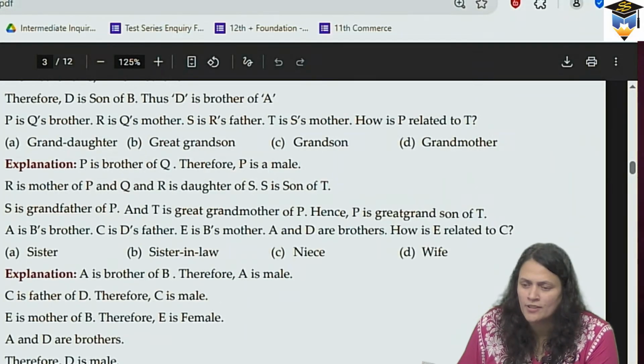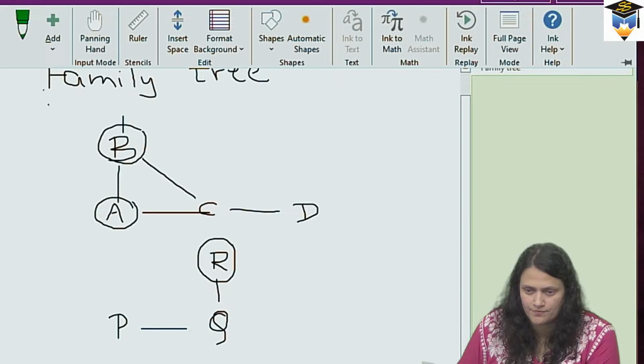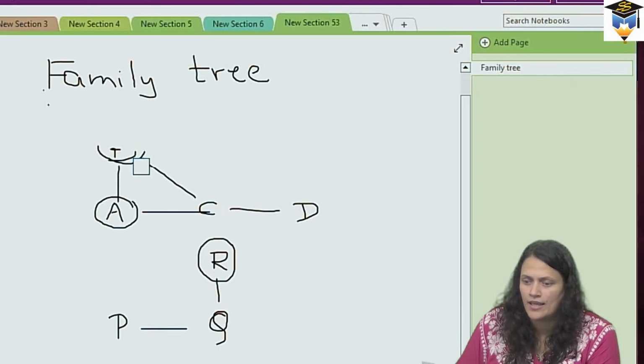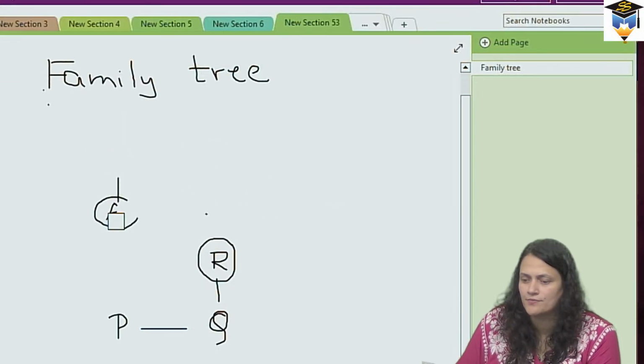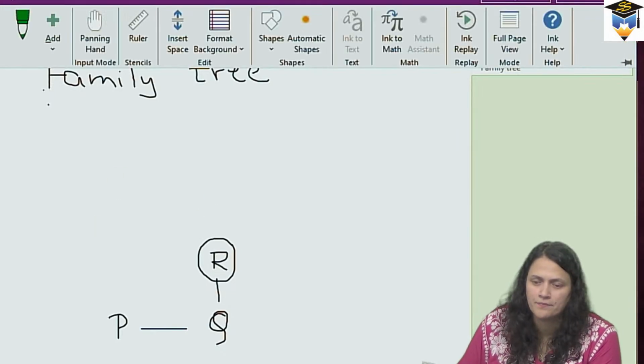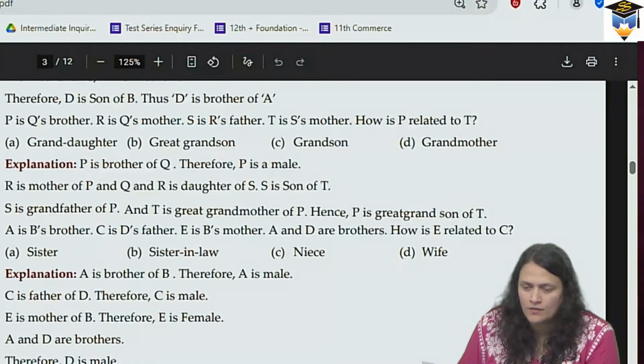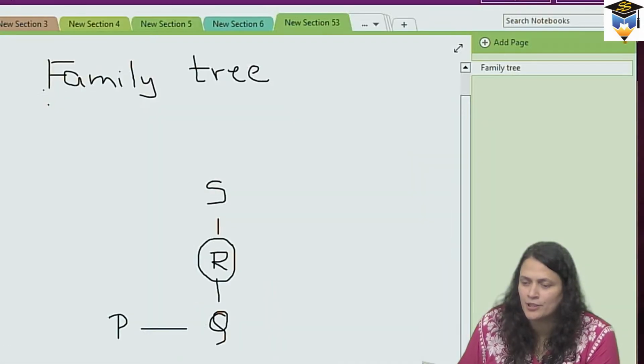R is Q's mother, S is R's father. So father I am going to place above R. Then T is S's mother.